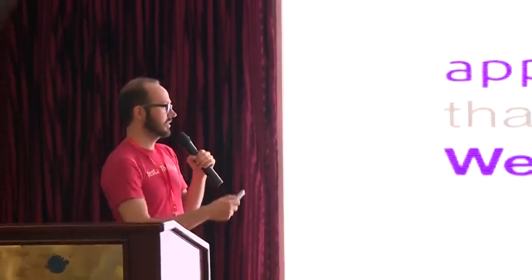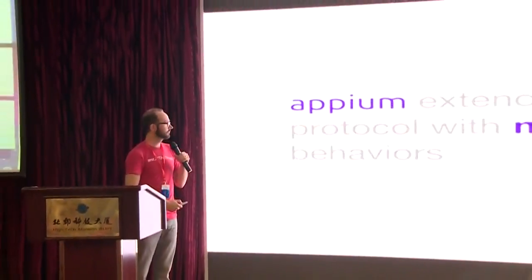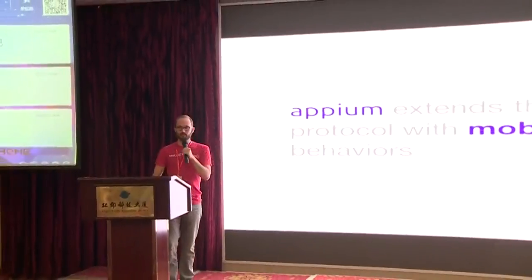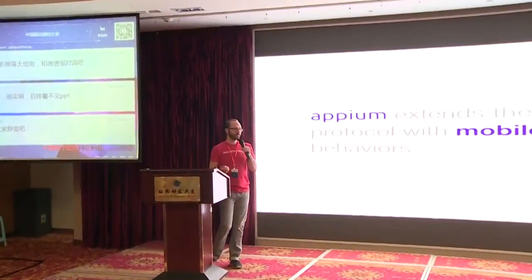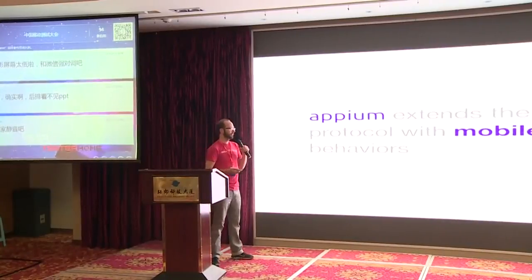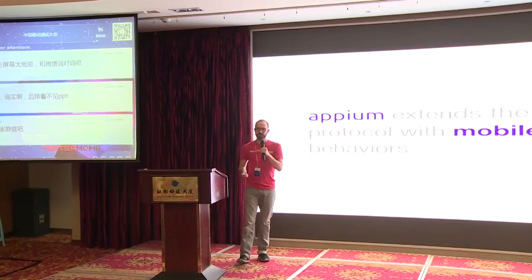So specifically, Appium itself is written in Node.js, and it's simply a web server that exposes the WebDriver API. Of course, the WebDriver API was written for web applications, and Appium is for automating mobile applications.